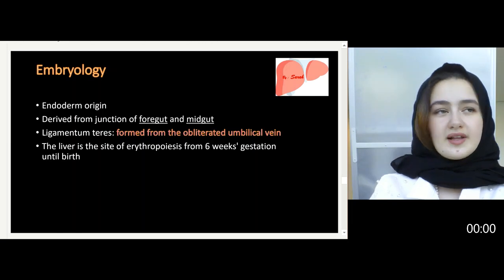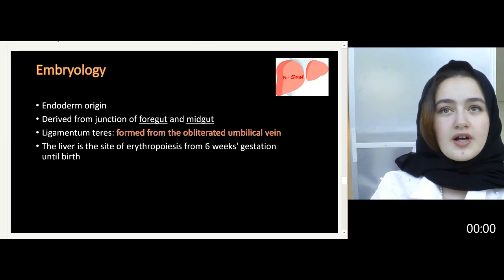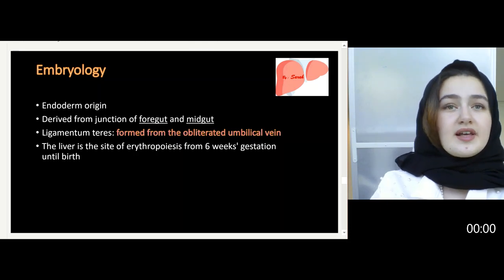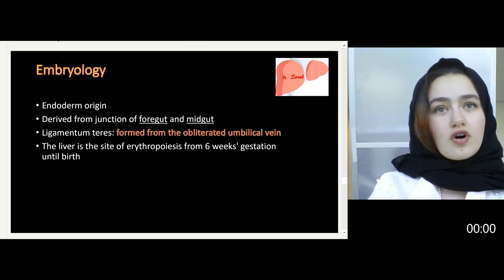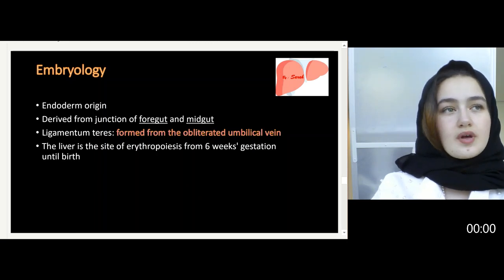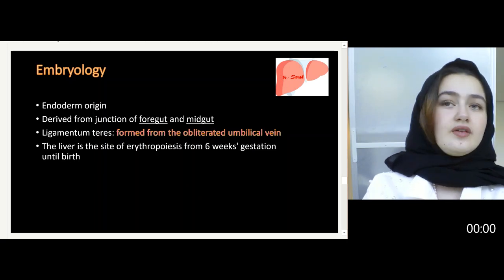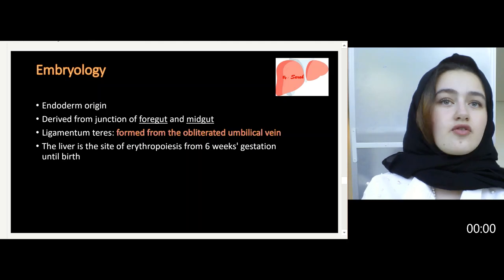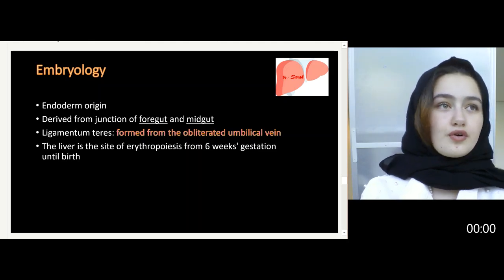And we have this ligament in the liver called ligamentum teres, and this ligament is formed from the obliterated umbilical vein. And then we have to know that the liver is the site of erythropoiesis from 6 weeks gestation until birth.